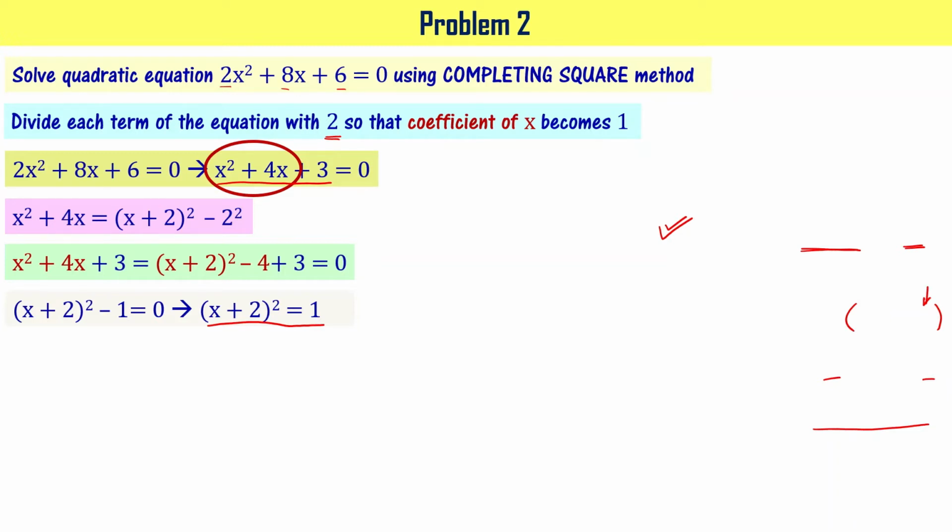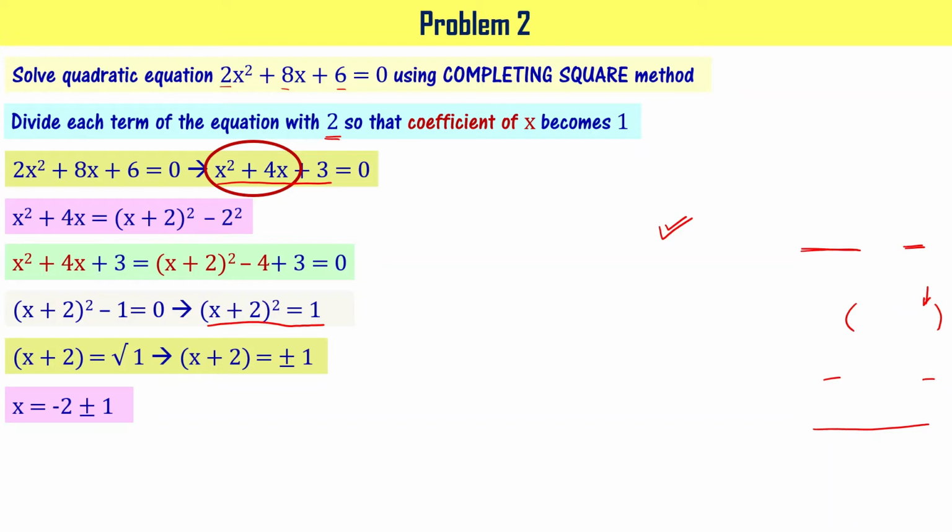Now I can write it as x + 2 = square root of 1, or x + 2 = ±1. Now let me rearrange and write it as x = −2 ± 1, right?